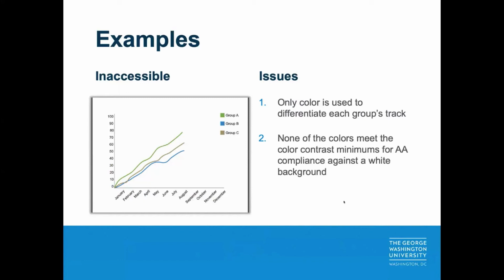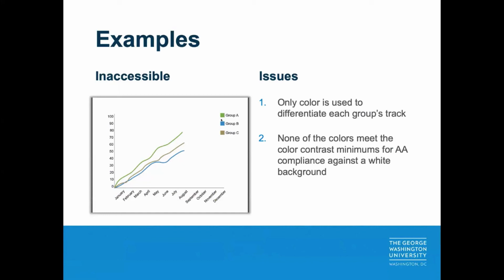If I am colorblind and I'm only seeing things in grayscale, like if I'm completely colorblind, I have no idea what this line means from this line from this line. I just don't know. Even with this key over here, I can't differentiate and discern these three colors from one another if I'm only seeing it in grayscale. A similar issue, if I'm not even completely colorblind, maybe I just can't see greens very well. I still wouldn't be able to differentiate this color from these other two, or it just won't look the way that you think it's going to look for me.